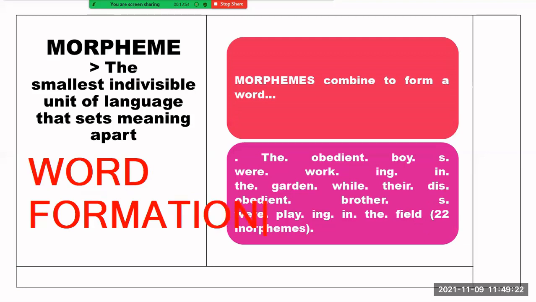Look for a video on word formation. Browse through the channel, you will find a video on word formation, and that will teach you more about how morphemes are combined to form different words in English. All right. In grammatical theory, we call it morphology. Morphology or word formation is the study of how words are formed in English. Very interesting video you will want to watch. All right.